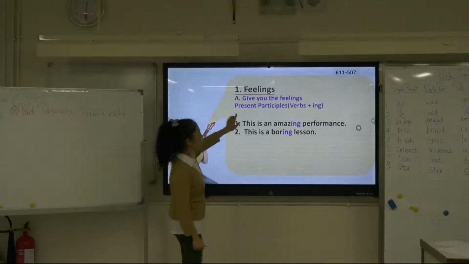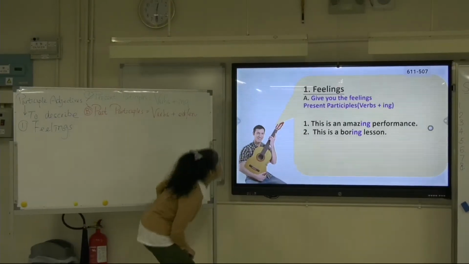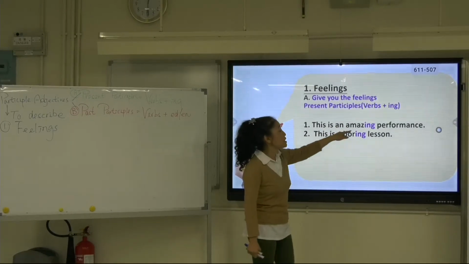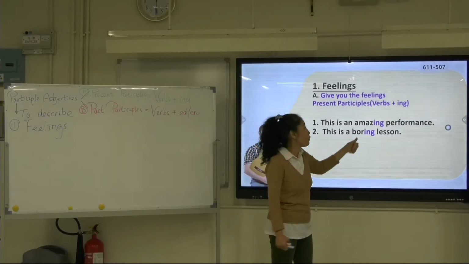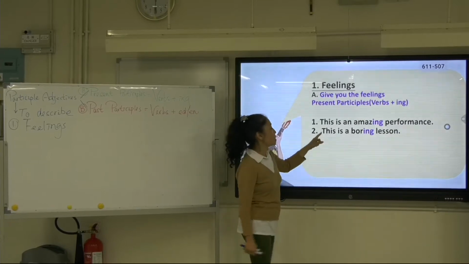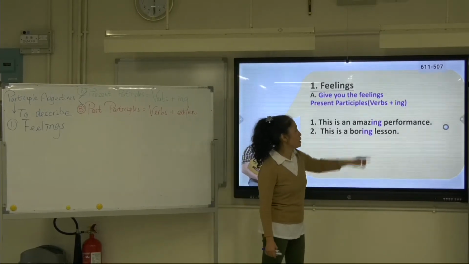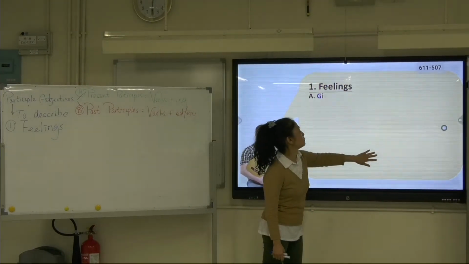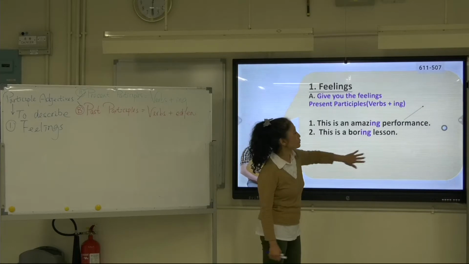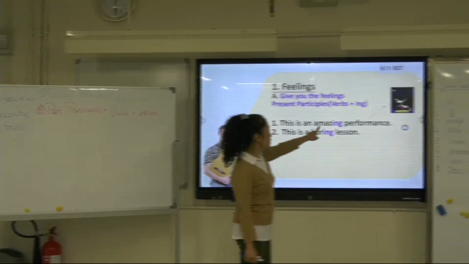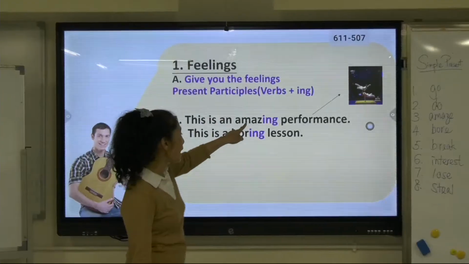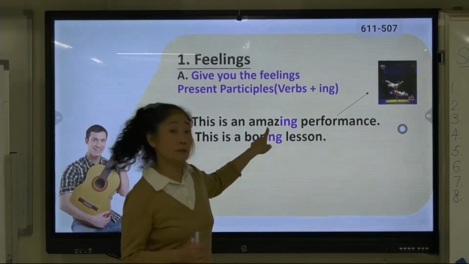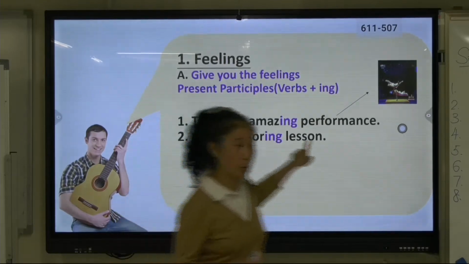Now, the present participle, as I said, how does it look like? Verb plus ing, right? This is an amazing performance. Amazing performance, okay. And the second one, this is a boring lesson. Look at this verb. Can anyone tell me? Is this present participle or past participle?